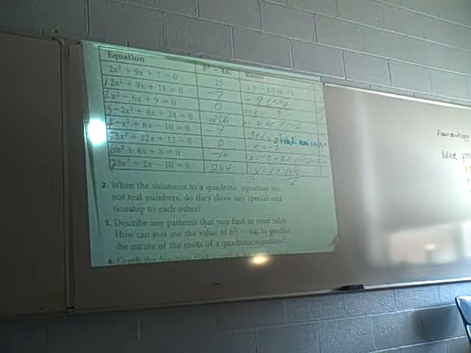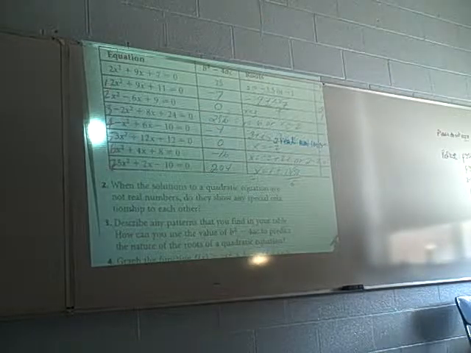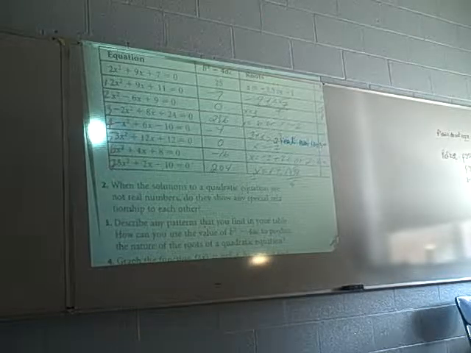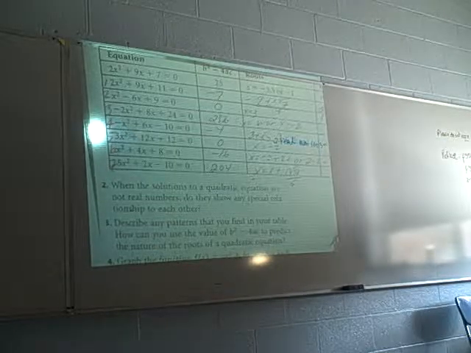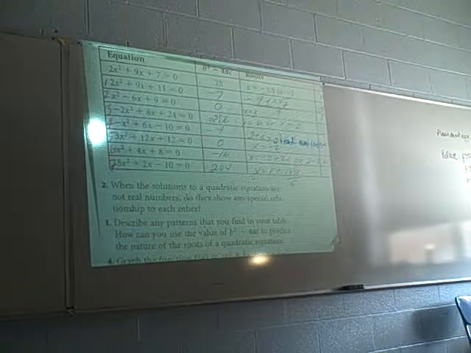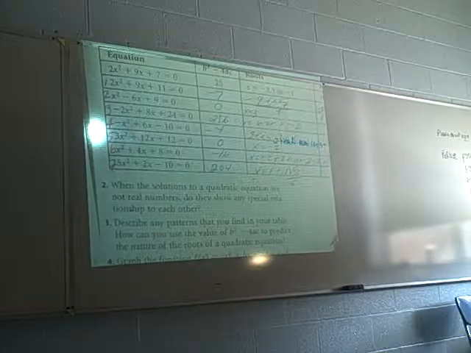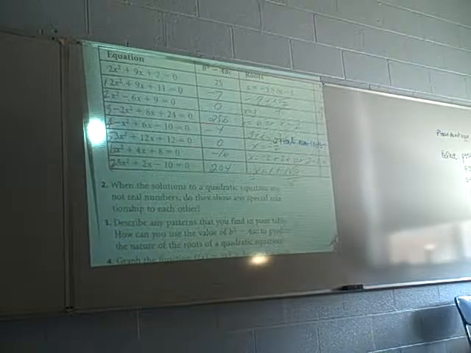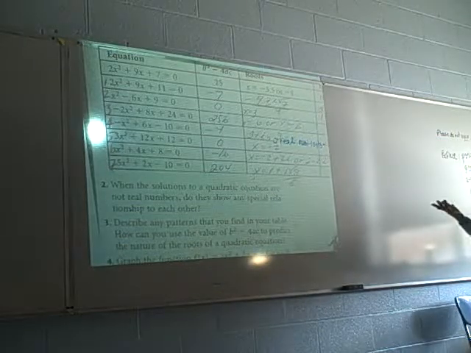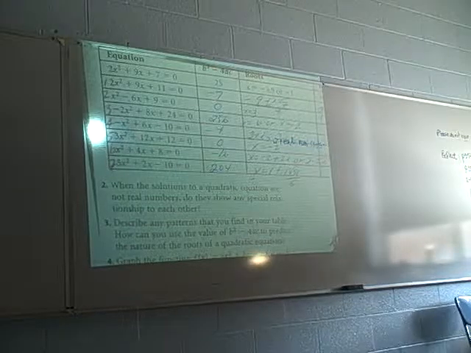Okay, so number 1. All right, so for y equals, let's go with 2x squared plus 9x plus 7. And just graph it. So we're just graphing that first.